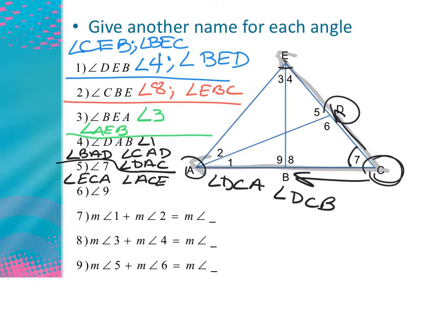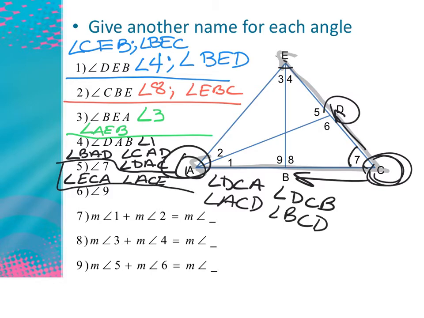And again, I can reverse all of these also. So I could say, in reverse, A, C, D, or B, C, D. Again, remember, on all of these, the middle letter needs to be that C, where the vertex is.